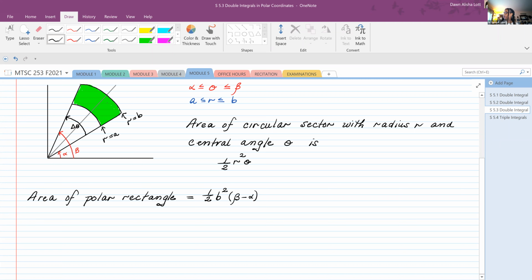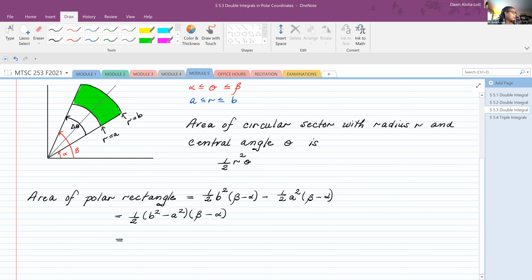That's the whole thing, minus 1/2 of a squared times beta minus alpha. So this turns out to be 1/2 b squared minus a squared times beta minus alpha.